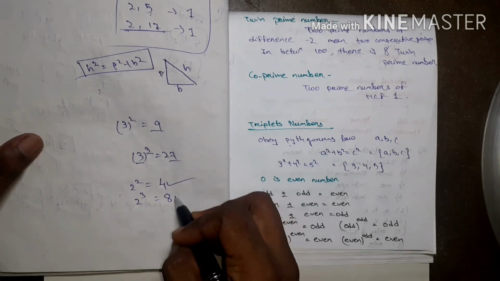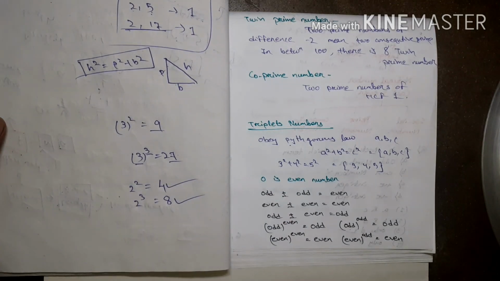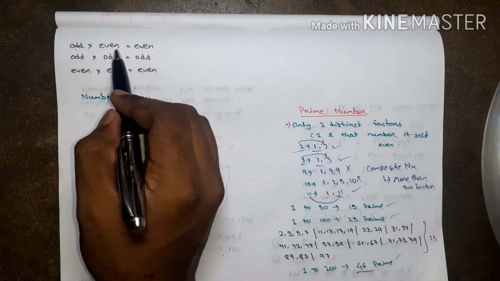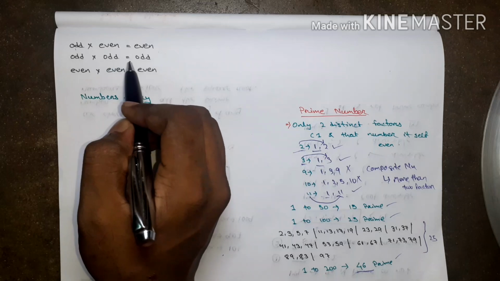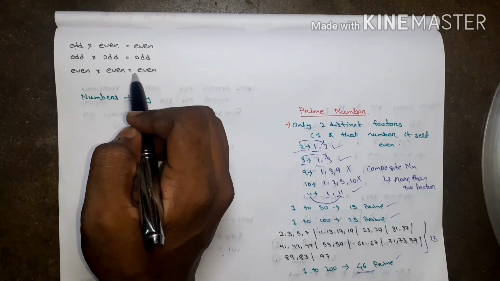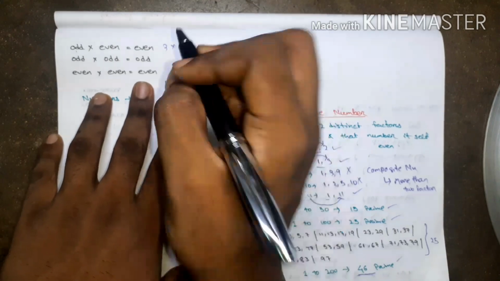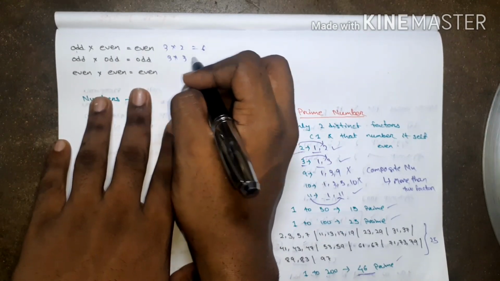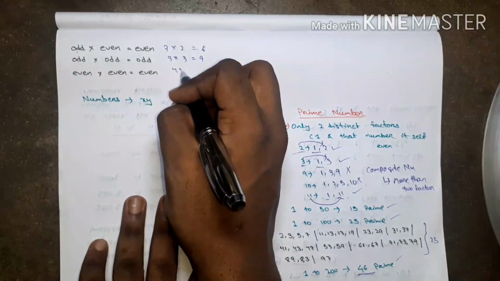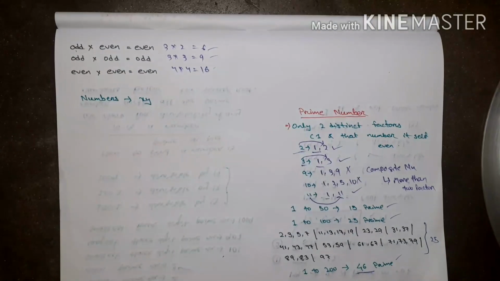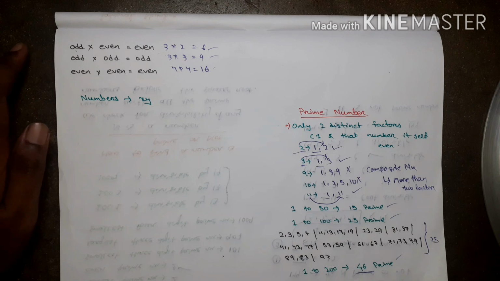It is also even and it is also even. Okay. In multiplication, odd into even, odd into odd, even into even. 3 into 2, 6. 3 into 3, 9. 4 into 4, 16. You can examine even and odd. I already described what is even and what is odd.